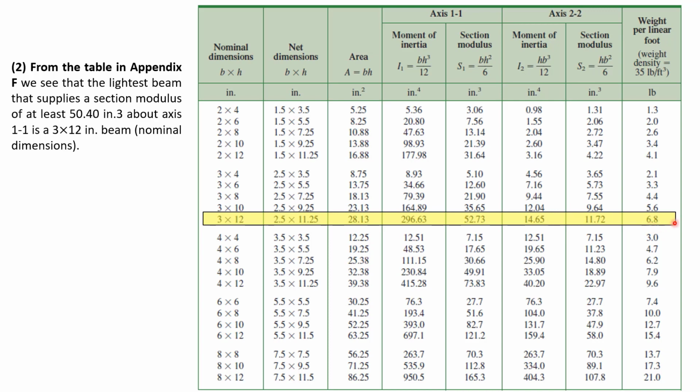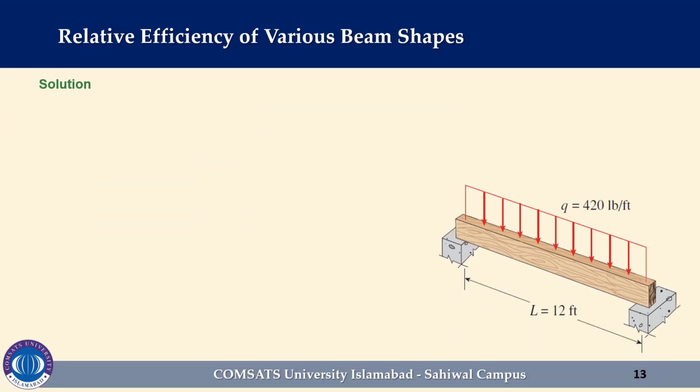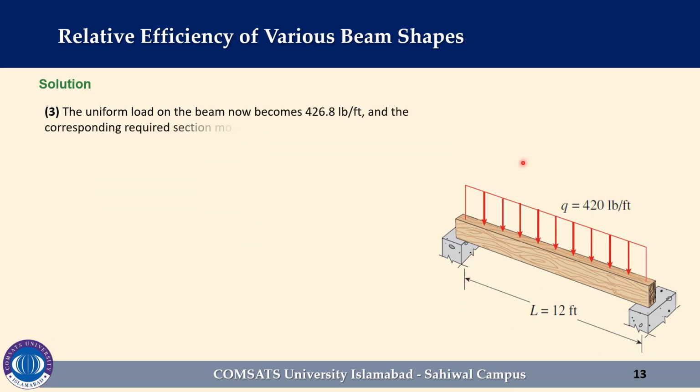The uniform load on the beam now becomes, after adding the weight of the beam, 426.8 pound per feet, and the corresponding required section modulus is S is equal to 50.40 multiplied by total load divided by the applied load, that is 426.8 divided by 420.